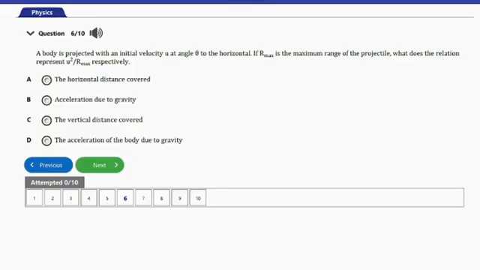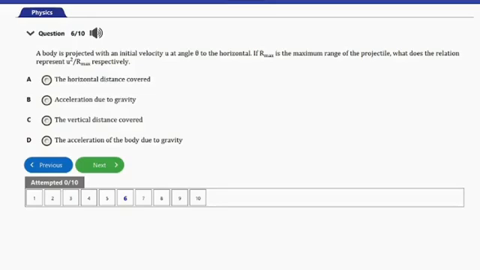So that will be u squared sine 90 over g, and sine 90 is 1, so in that case that will be u squared over g. So it means that the maximum range will be u squared over g. So if maximum range is u squared over g, then g is equal to u squared over the maximum range.